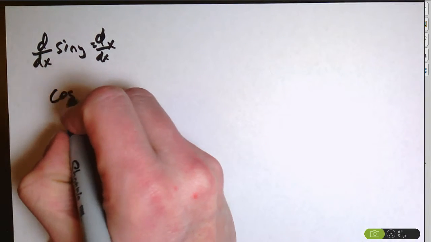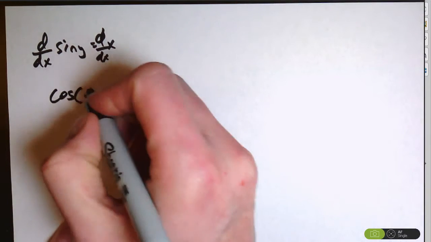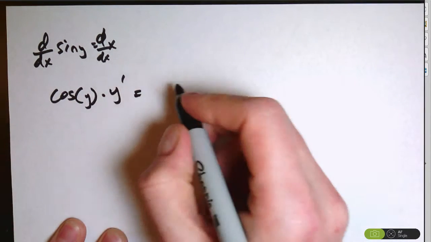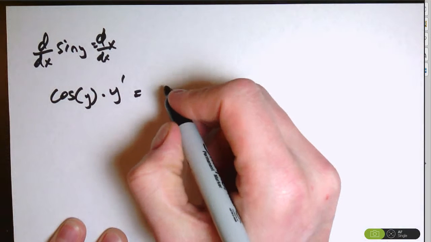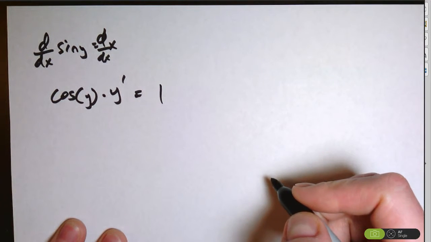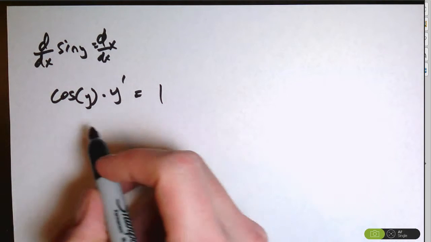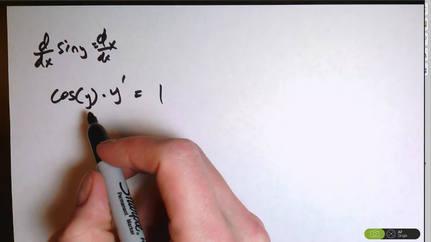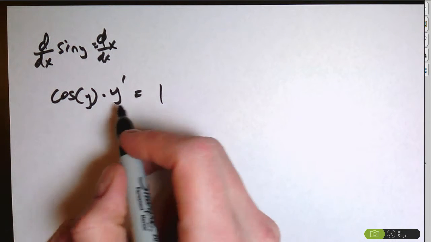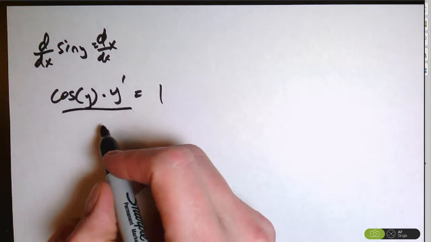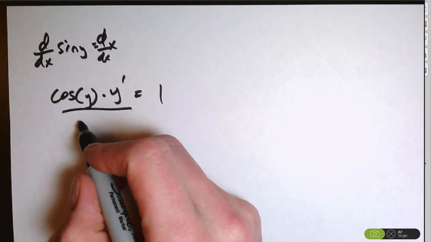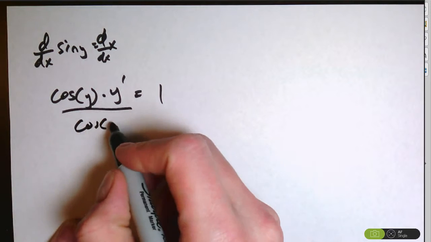It gives us cosine of y times the derivative of the inside, which is y prime. And then the derivative of x is simply 1. Okay, well, now I've got cosine of y times y prime equals 1, so divide by cosine of y.